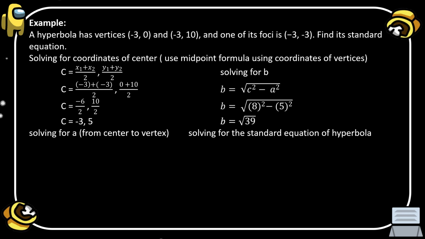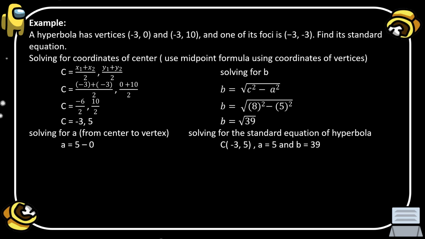How about vertex 2? When we use it to get the distance a, might it be a different value? No, it is the same, because as I said, if we get the distance and they have the same sign, both positive or both negative, we subtract. So it becomes 10 minus 5. What is 10 minus 5? The result is still 5.